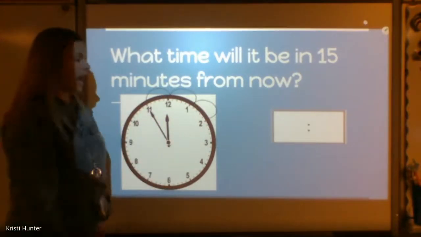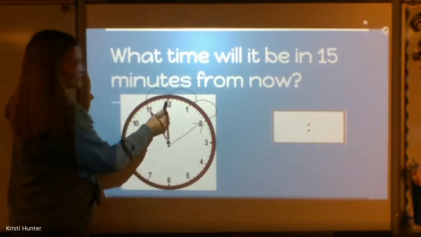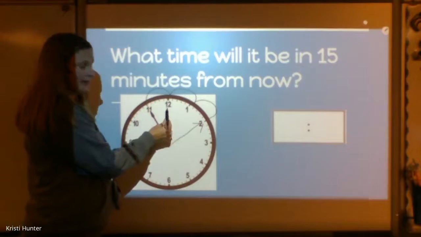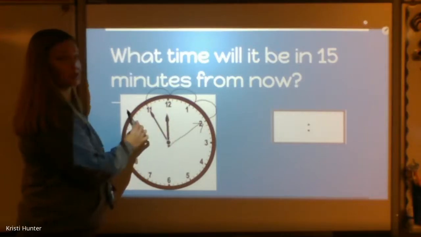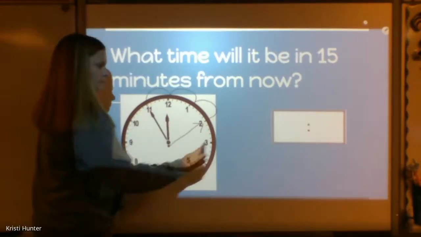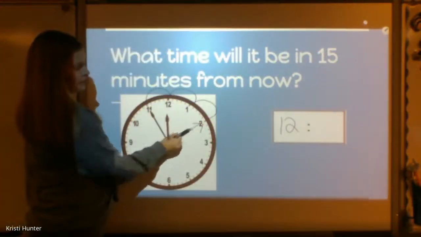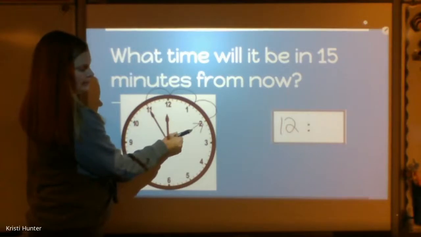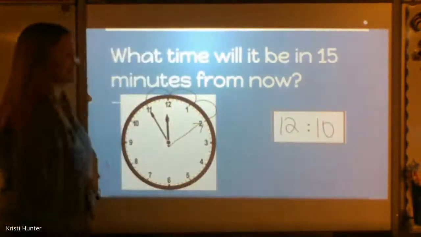Uh-oh. My new minute hand is here, but I just passed the o'clock. Instead of it being 11 o'clock, it has now moved to 12 o'clock. So it is 12, and now my minute hand is over here, 5, 10. So the new clock time is 12:10.